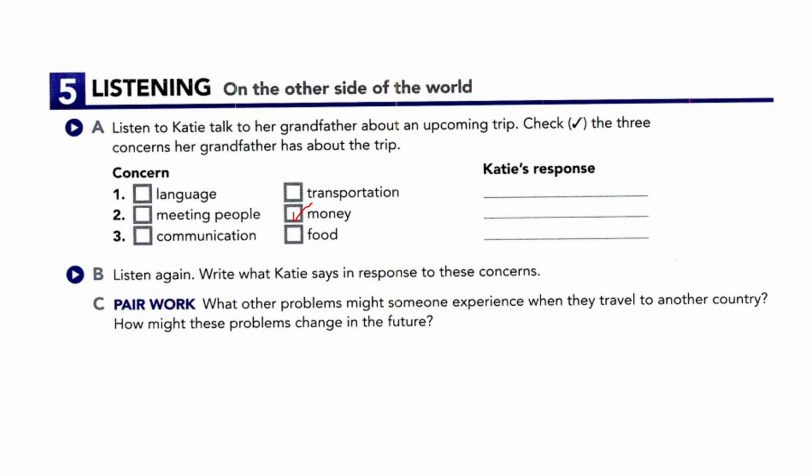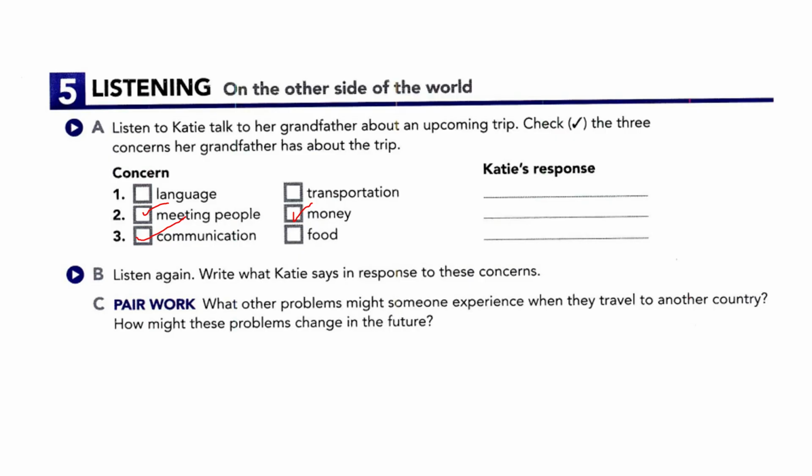Okay, so here I'm going to help you, okay? But you have to listen to the audio. We have a money problem, a meeting people problem that Sandra said, and a communication problem. So: money, meeting people, communication.